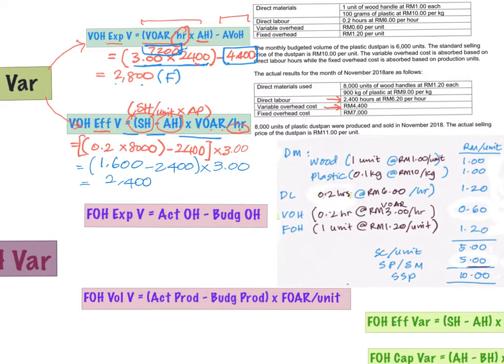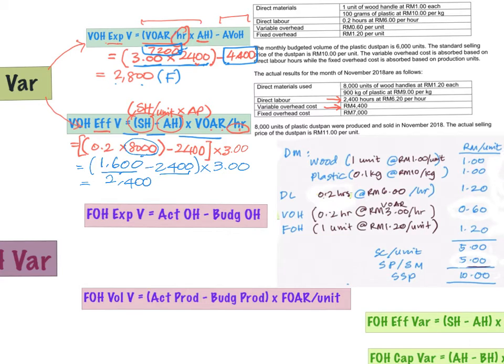Okay, so when we want to see whether you have a favorable or unfavorable variance, we are going to look at whether the standard hours is actually 1,600 hours. That is how long you should take to produce 8,000 units. But in reality, you actually spend 2,400 hours to produce the same amount of product, which is 8,000 units.